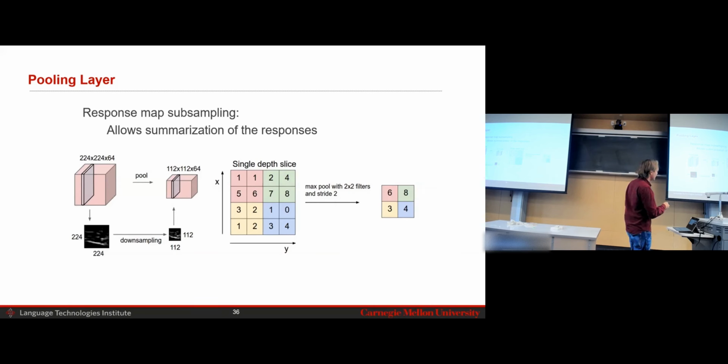At the end of the day, you take your 640 by 480, and then you do one of these, and you get a 320 by 240. Now, the reality is that these models are usually trained on 64 by 64 images. So if you give it a 640 by 480, the first step it does is squish it into 64 by 64, and then continue after that.